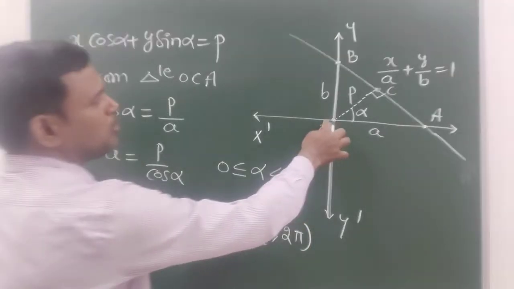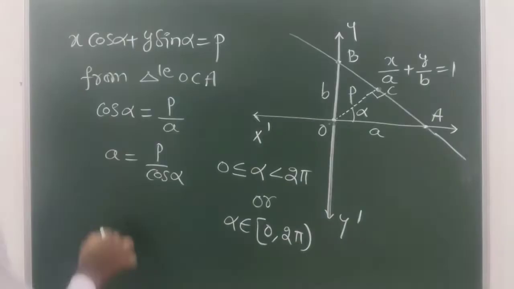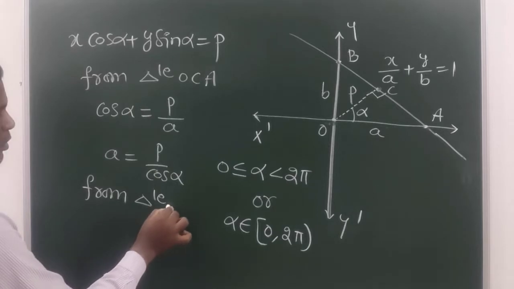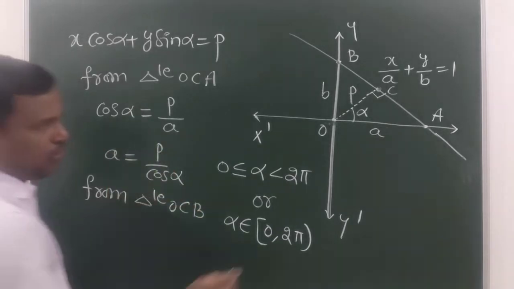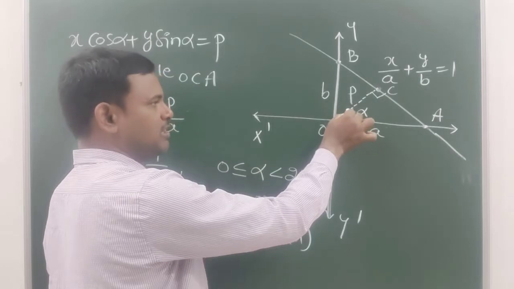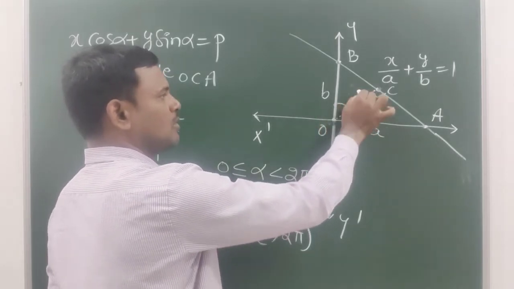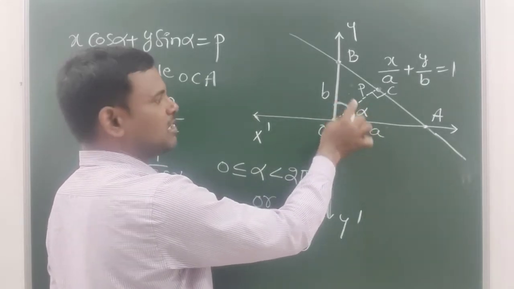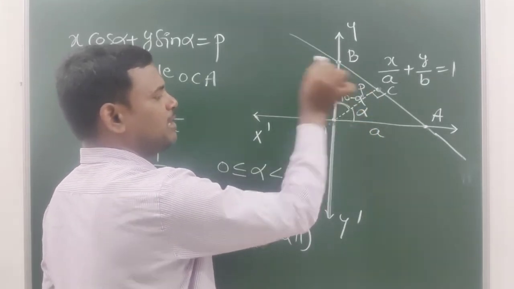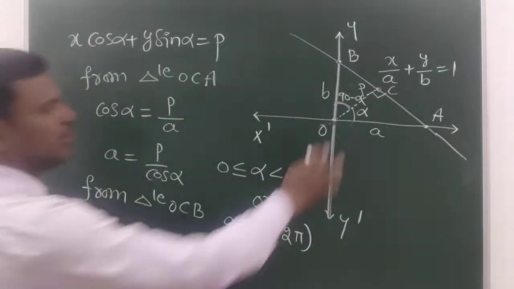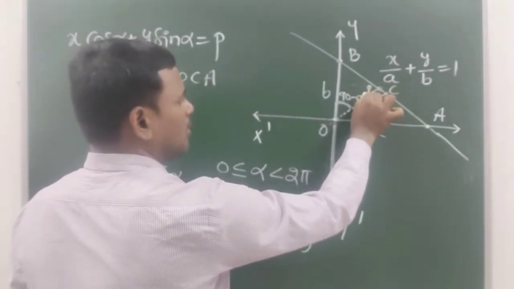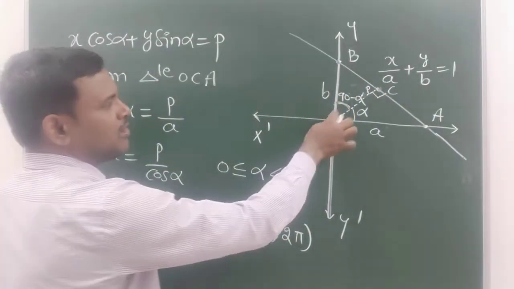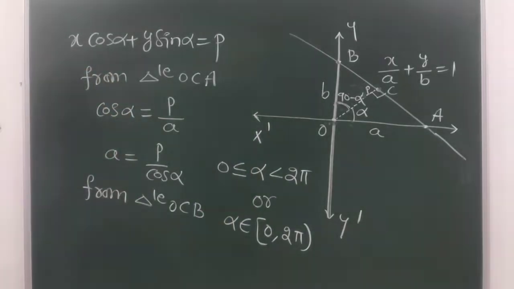Similarly, go to this right angle triangle OCB. If you consider this angle as alpha, then how much will the other angle be? Total 90, so if this is taken as alpha, then this measurement will be 90 minus alpha. Now with respect to this 90 minus alpha, define cos.